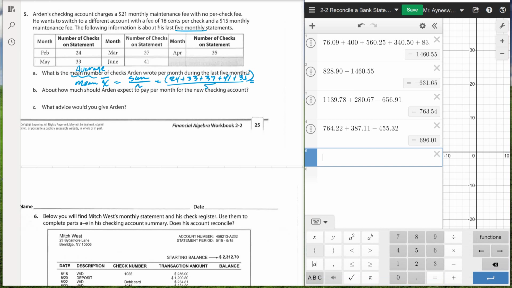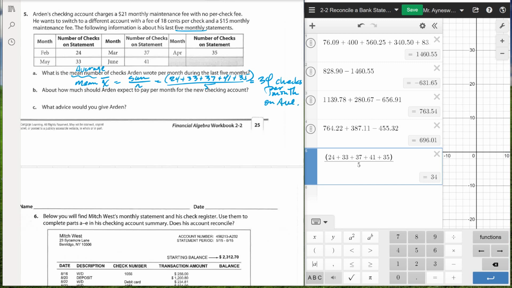Let's add these up: 24 plus 33 plus 37 plus 41 plus 35. Let's divide this by 5, and we get 34. So there are 34 checks per month on average.